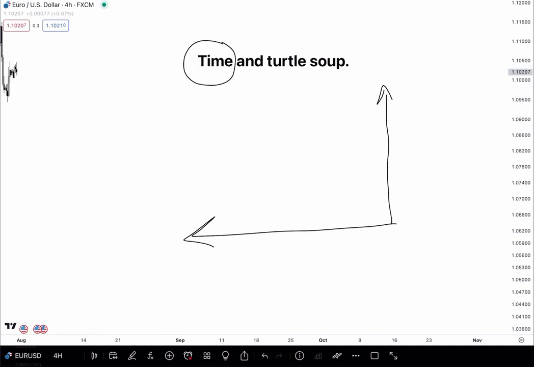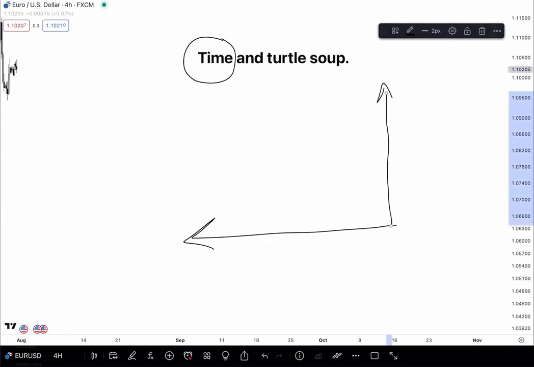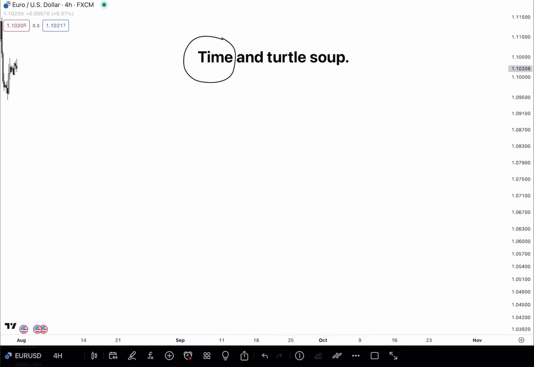In the previous one, we had discussed price. Pretty much more than enough for everyone to know about price. We did touch on time a bit, but we're going to go a bit deeper into the time aspect.